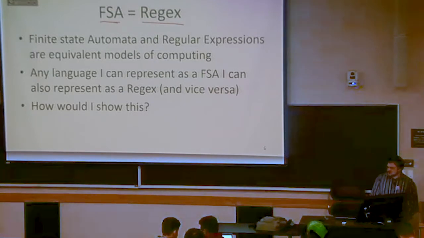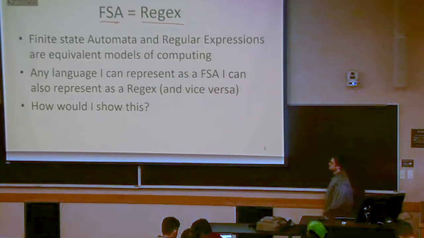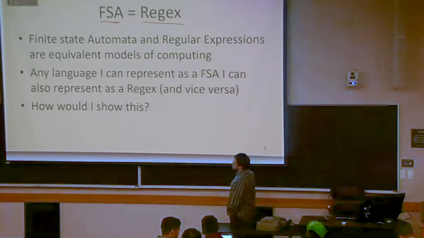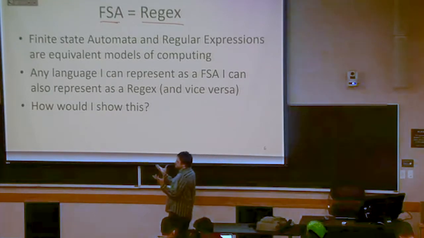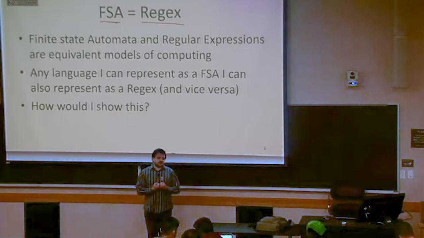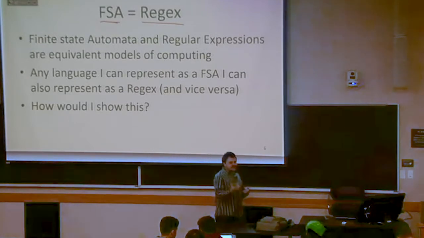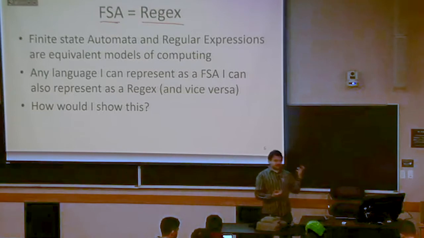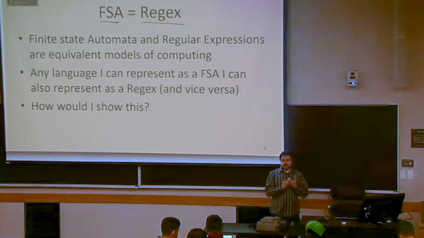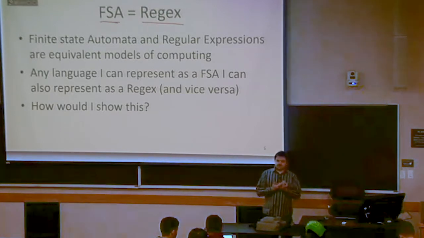We've shown proofs like this before, of this format, where I've got two models of computing and I want to show that they're equivalent. For instance, we had AND, OR, NOT circuits compared with NAND circuits, and we showed that those were equivalent models of computing. How did we show that?